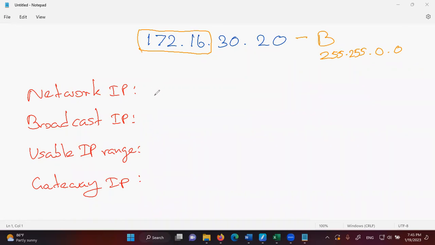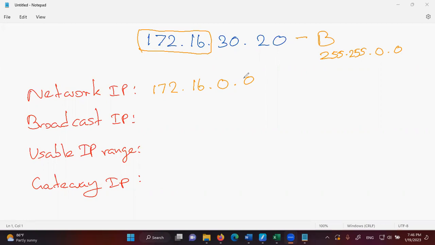Therefore, the first one, network IP will be 172.16.0.0. Then children, broadcast IP, please reply. The others also please try to reply.